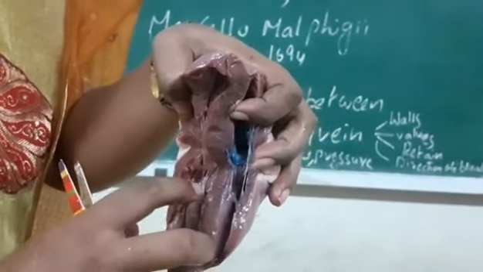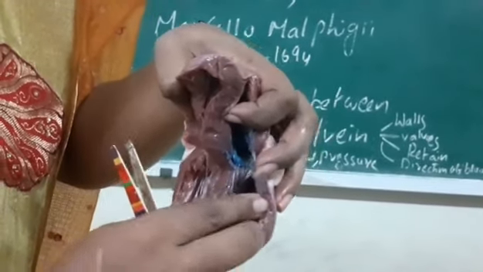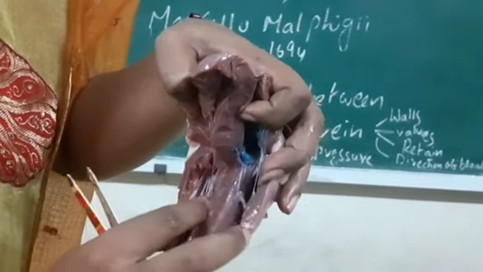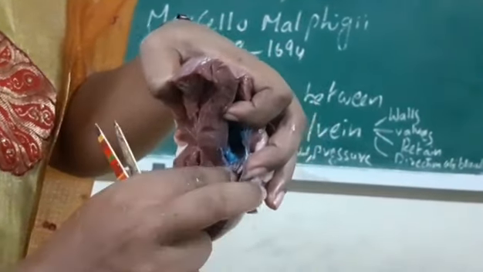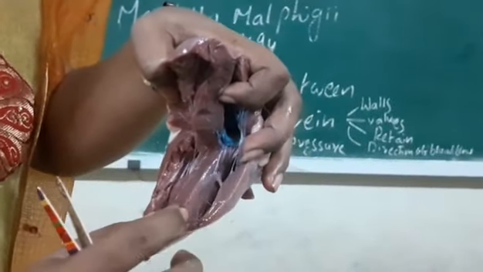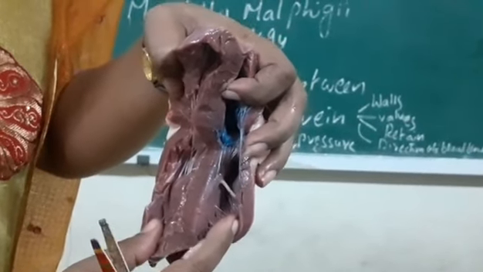We observe this septum between the right auricle and right ventricle, and also between the left auricle and left ventricle. It helps to prevent the mixing of oxygenated blood and deoxygenated blood.